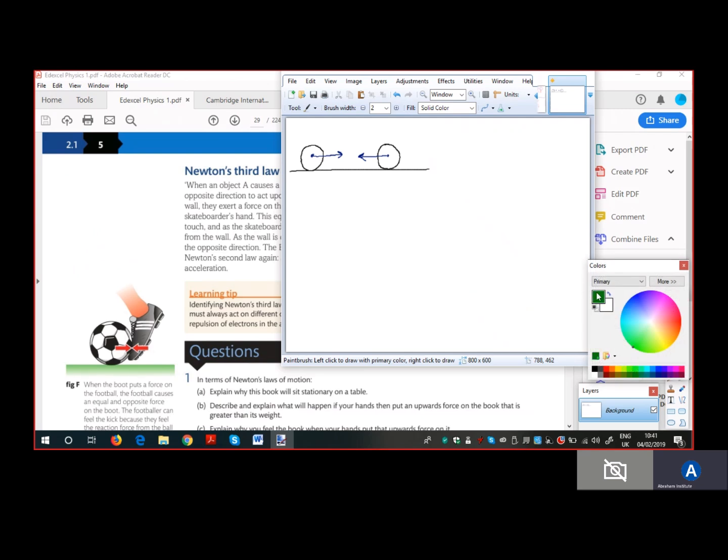So let's call this A, and maybe we can call this other one B. So this is the force exerted by A on B. I'll use this color. And here we have the force exerted by B on A.